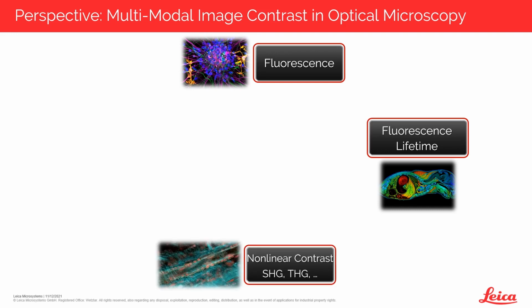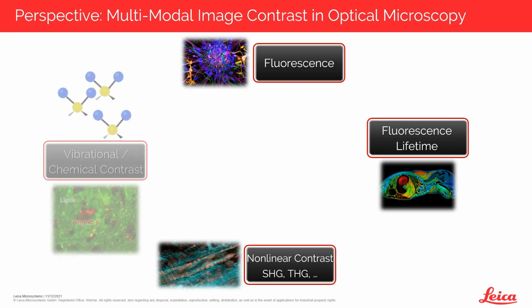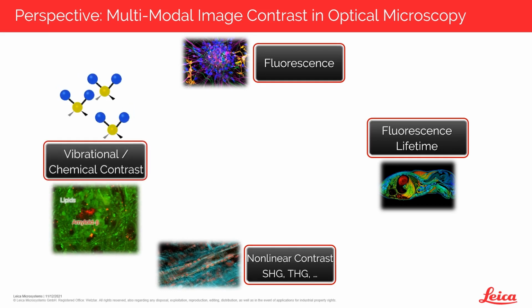Then we have additional nonlinear optical contrast mechanisms available, such as second-harmonic generation. These typically provide contrast based on some of the biophysical properties of the sample, and so they can, for example, be used to visualize biopolymers such as collagen. And then we have chemical contrast that arises from the characteristic vibrations of the molecular bonds that are present within a specimen.